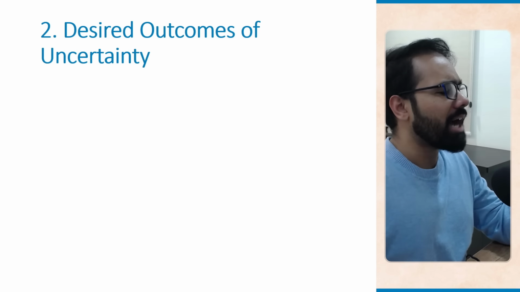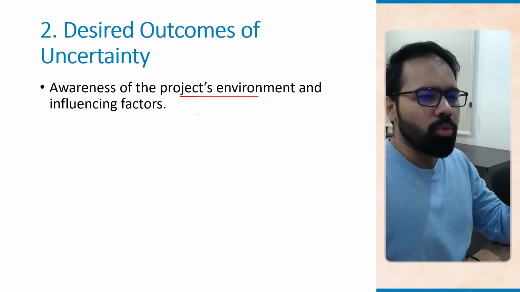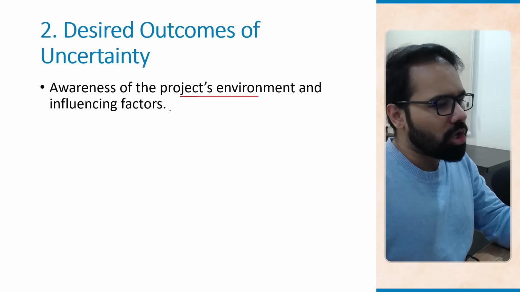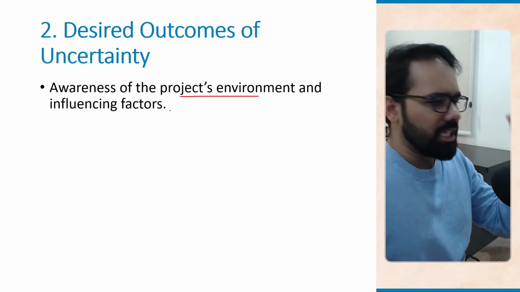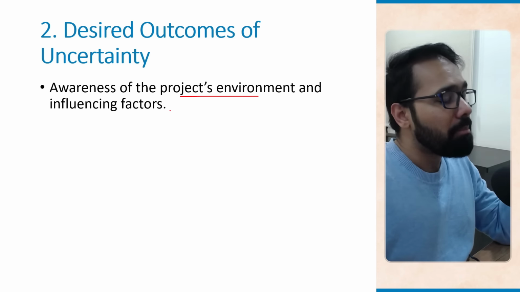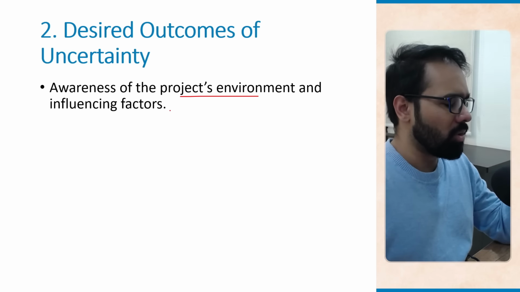Now, desired outcomes of uncertainty: awareness of the project's environment and influencing factors. This is going to ensure that the team understands the economic, political, and technical realities that might affect the project during the course of you building or working on the project.